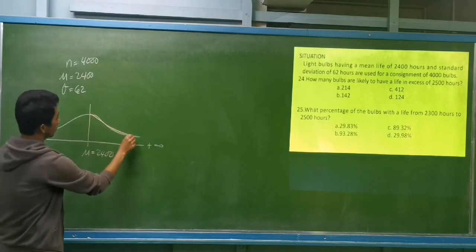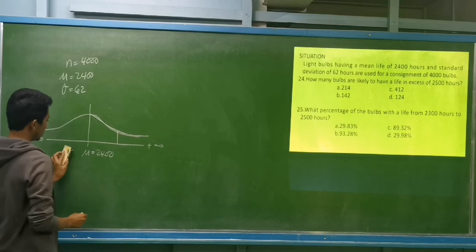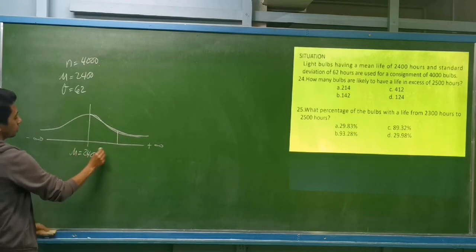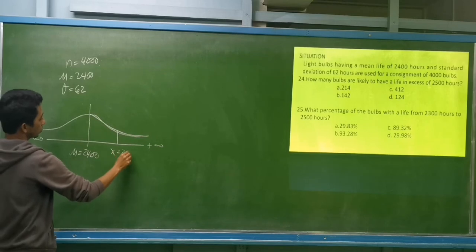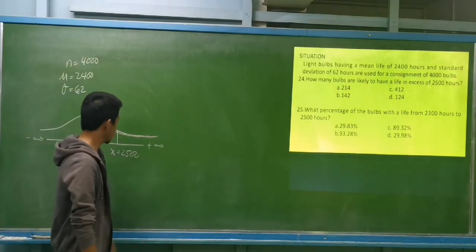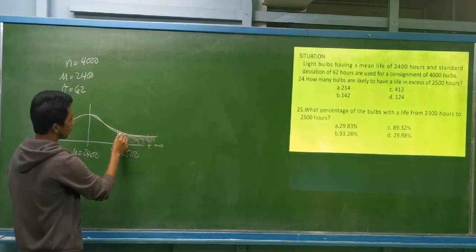So kung ito yung ating mu, nandito yung 2,500. We have mu is equal to 2,400, nandito yung x is equal to 2,500. Sabi niya in excess, so ang hinahanap natin na area is more than 2,500.